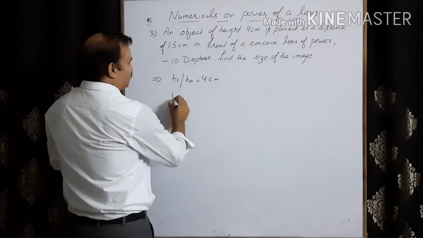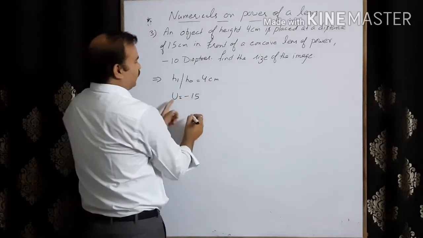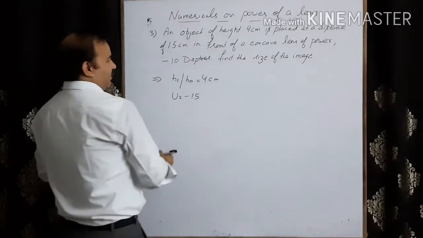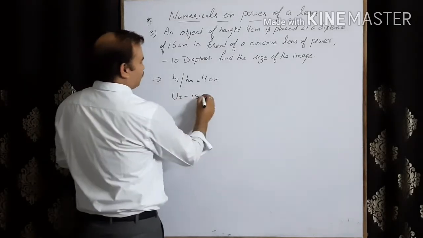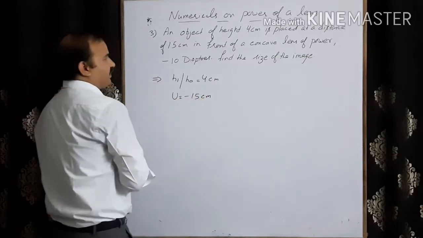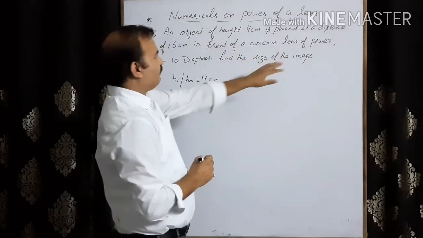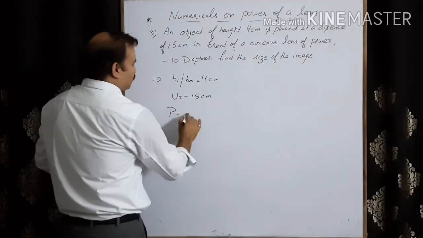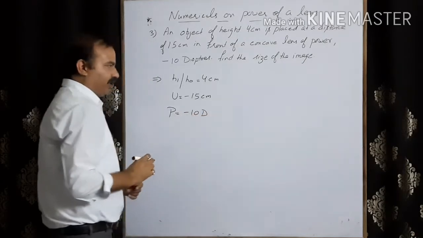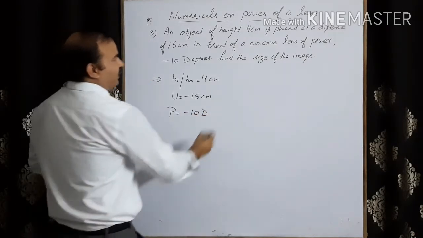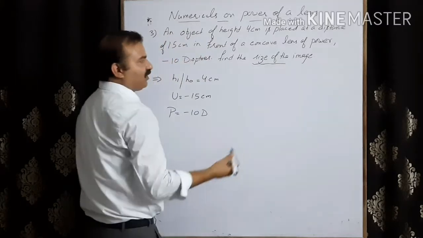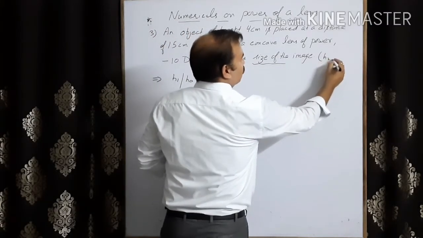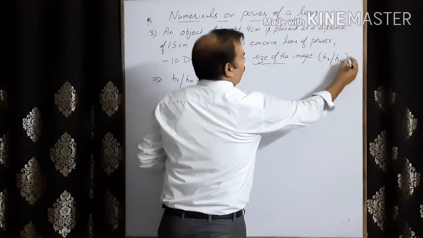Now, the object is always where the object is placed, that is on the left side of the x-axis, so that will be in the minus. u is equal to minus 15 centimeter in front of a concave lens of power minus 10. Now, power is equal to minus 10 diopter. So we have to find the size of the image. Size of the image, that is either we write h2 or hi.